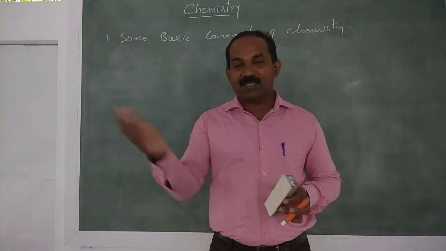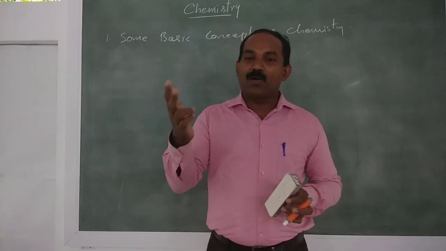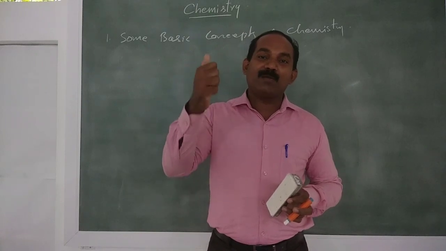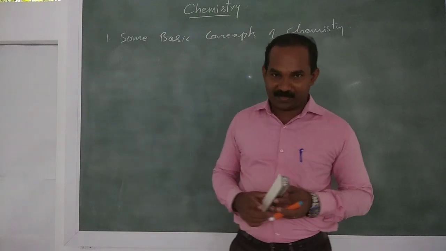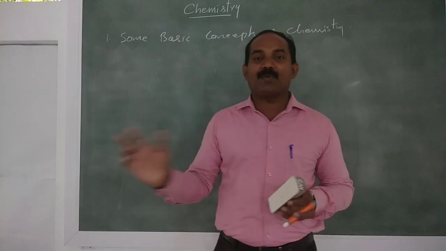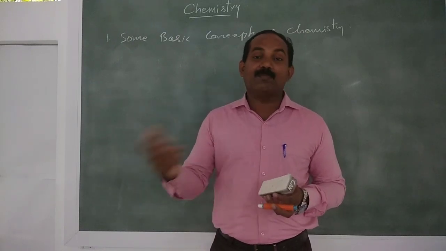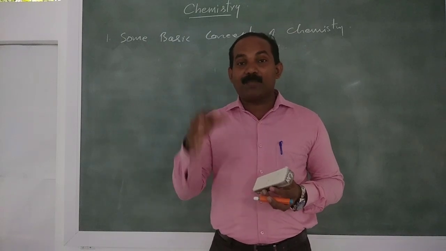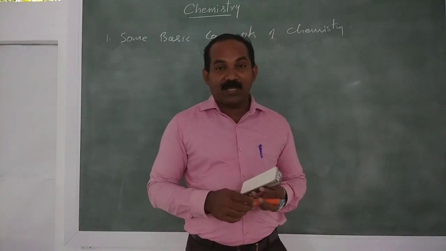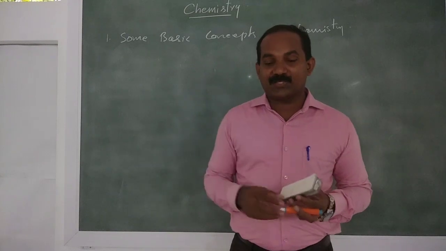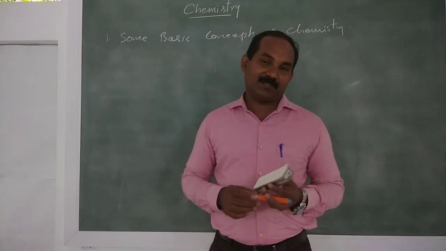What are the different physical properties? Color, odor, density, melting point, boiling point, etc. These are easily measured in the laboratory. But chemical properties require a chemical reaction to measure.